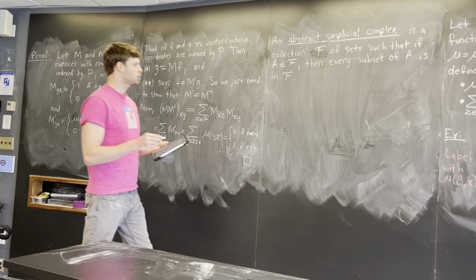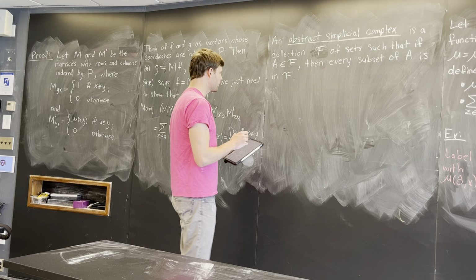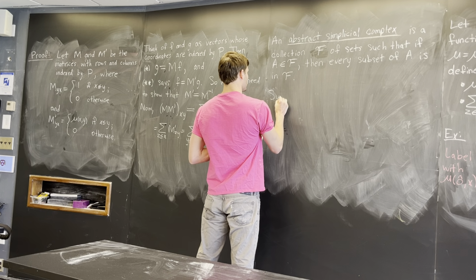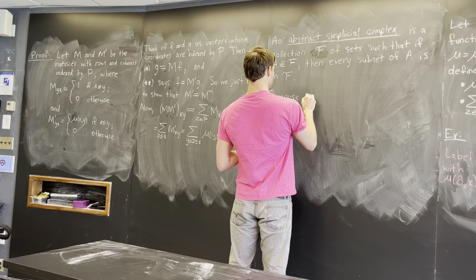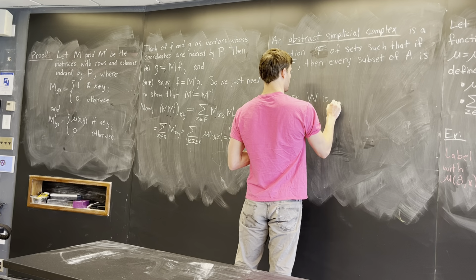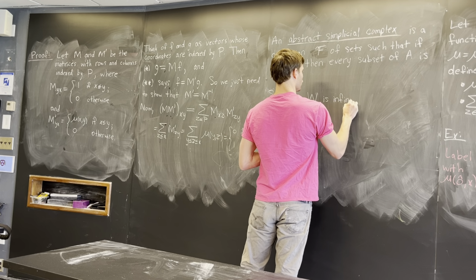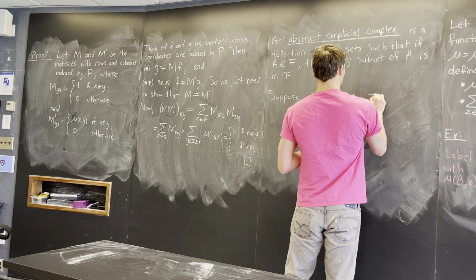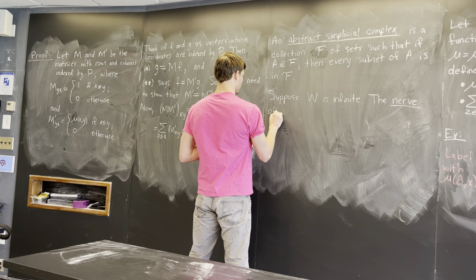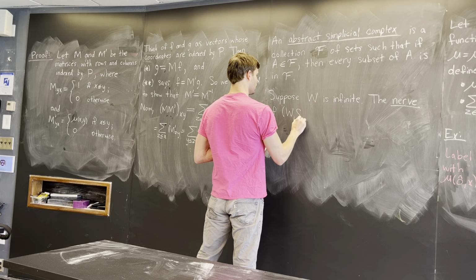Okay, so now let me go back a little bit to Coxeter groups. Let's suppose that W is an infinite Coxeter group. We'll define the nerve of W, or I guess it's called the nerve of (W,S).